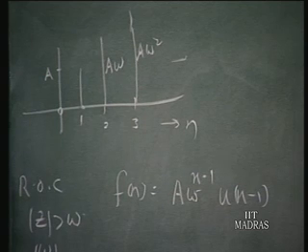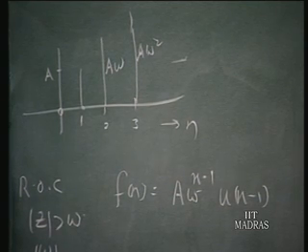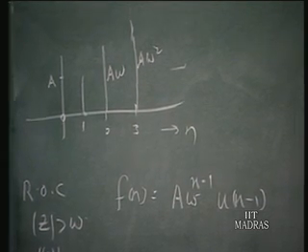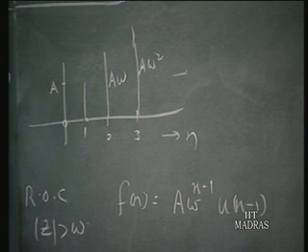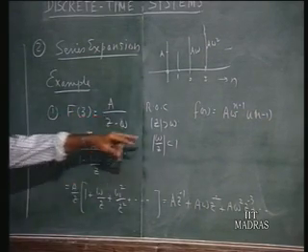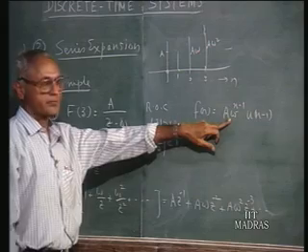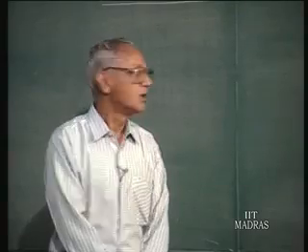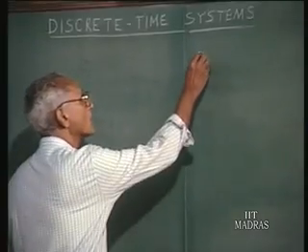That's what we have got. So the answer is a w to the power n minus 1 times u of n minus 1. That is your f of n corresponding to this. So in this case, we have been able to get a closed form expression for f of n. This may or may not be possible all the time. So let us now take a slightly more complicated example.